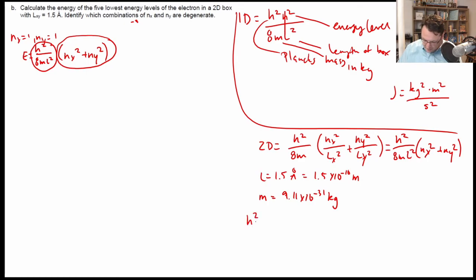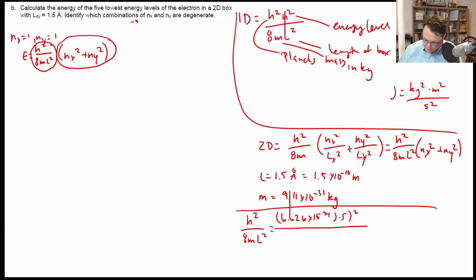So if we have h squared over 8 m L squared, what that gives us is 6.626 times 10 to the negative 34 joule seconds, squared, over 8 times the mass, which is 9.11 times 10 to the negative 31 kilograms, times L, which is 1.5 times 10 to the negative 10 meters, squared.